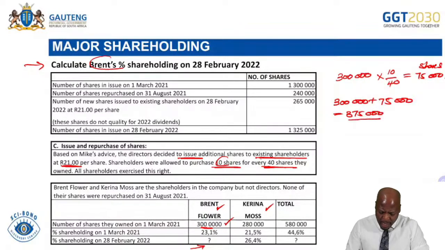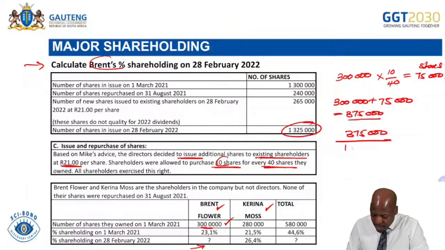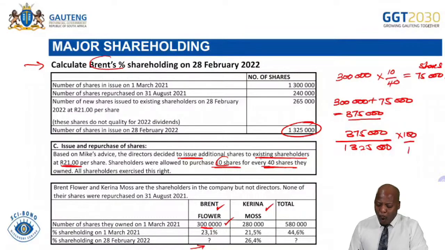And then we are told that the number of shares at the end is 1,325,000. So we're now going to say the shares that he now has, which is 375,000 shares, we divide by the total number of shares in the company, 1,325,000 shares. We multiply this by 100/1. What percentage does he have now?